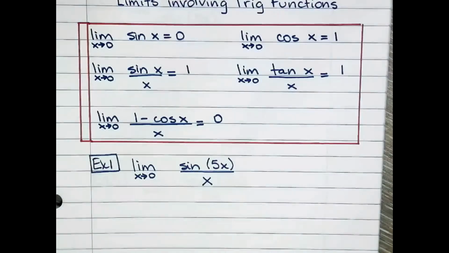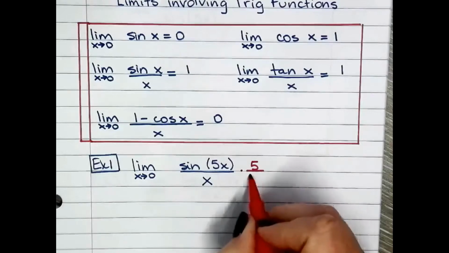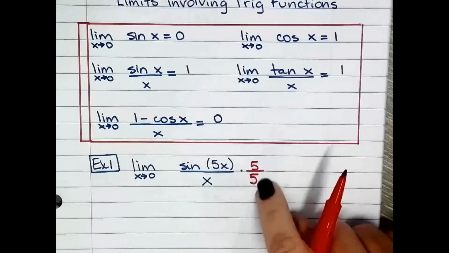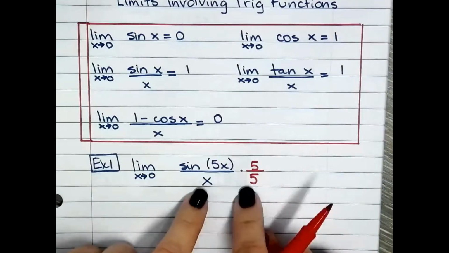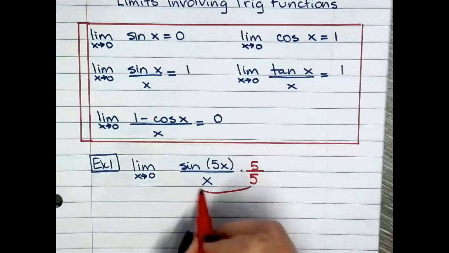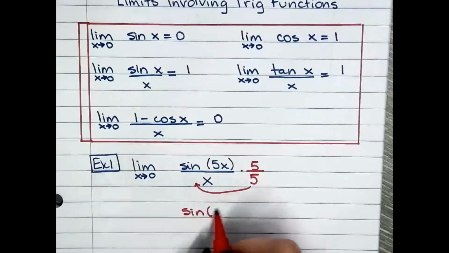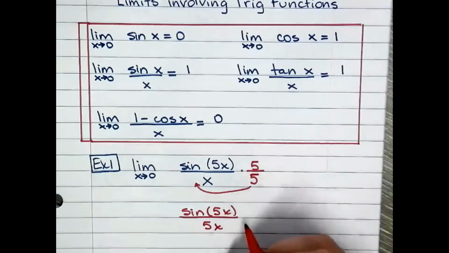So I simply multiply by 5 over 5, because theoretically I'm multiplying by 1. Then I split that up, and that gives me sine of 5x over 5x, and then I have this 5 left over in the numerator.